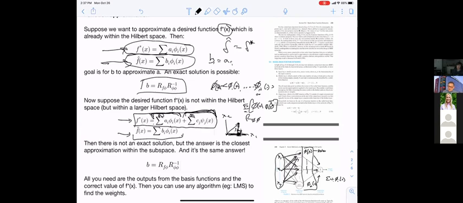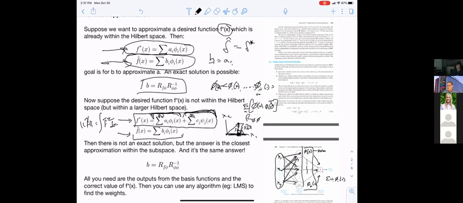So the shortest distance, and remember our distance metric here is measured in terms of things like the L2 norm, right? So the shortest L2 norm, which turns out to be the mean squared error. Remember, the L2 norm of a function, even an error function, which I'm going to write with a tilde like that, looks like this thing squared dx.